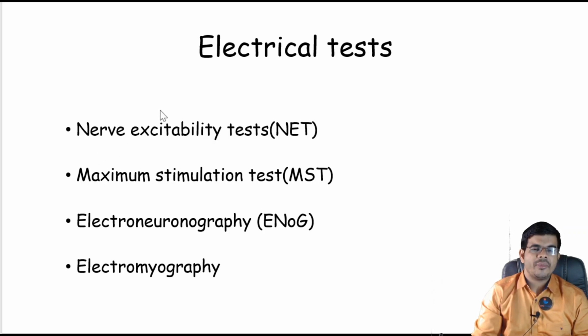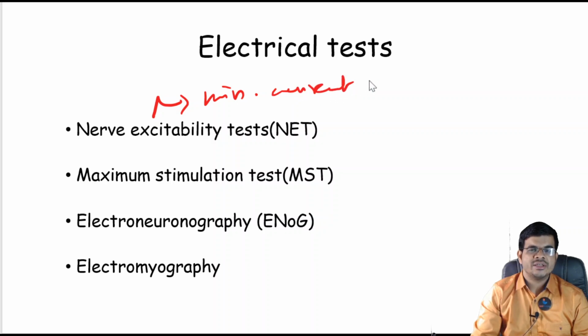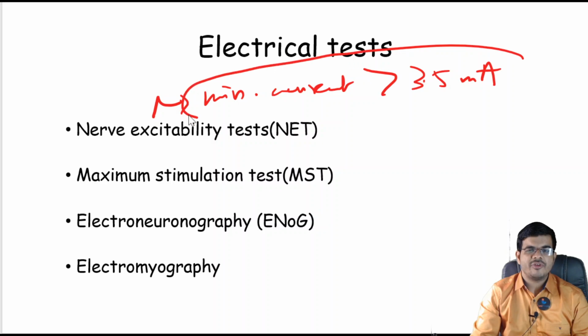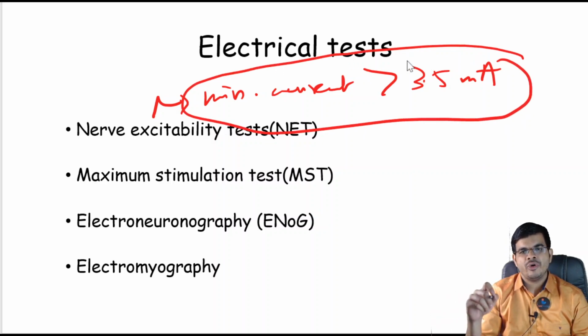This minimum current is compared with the opposite side, and if it is more than 3.5 milliampere, then it is significant. It is indicative of a facial palsy.